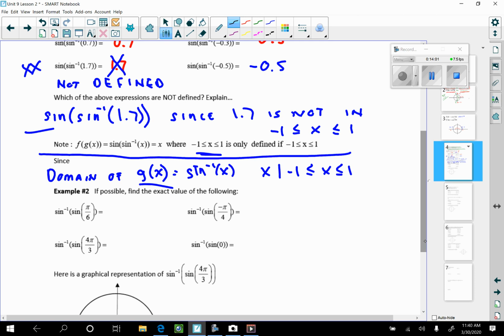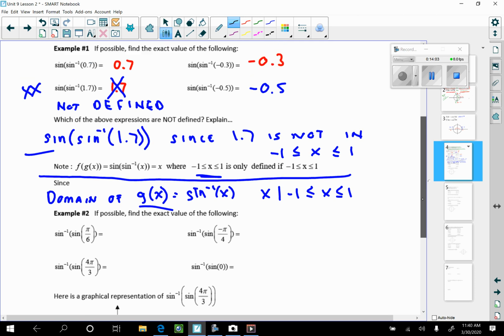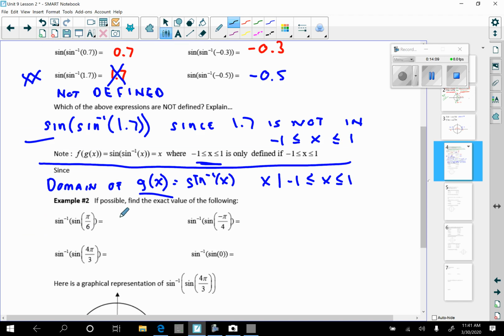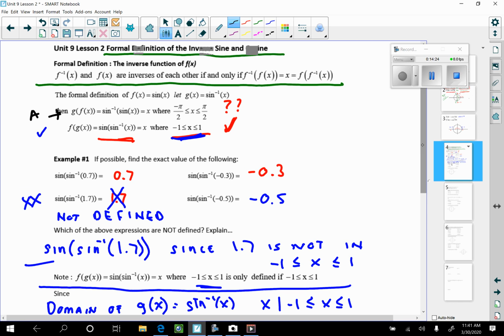So let's see here. Inverse sine of sine of pi/6. Is pi/6 between -pi/2 and pi/2? Yes, it is. This looks like it's going to be a pretty easy lesson. Let's try this guy right here: inverse sine of sine of -pi/4. I need to check, is -pi/4 between -pi/2 and pi/2?